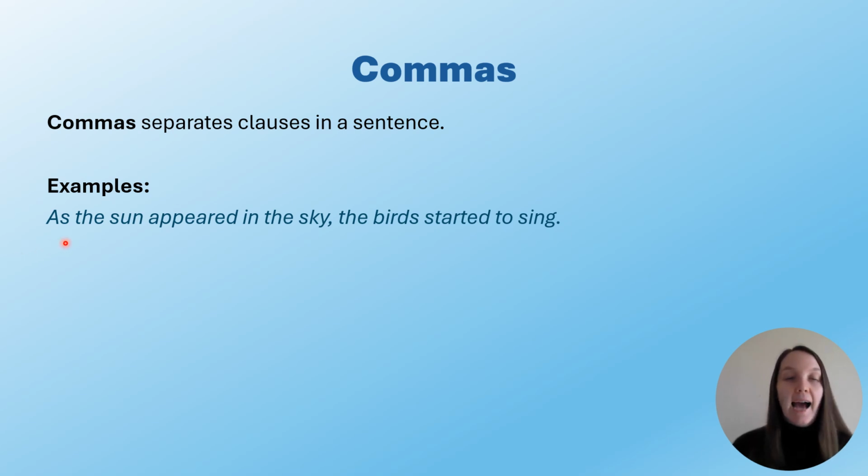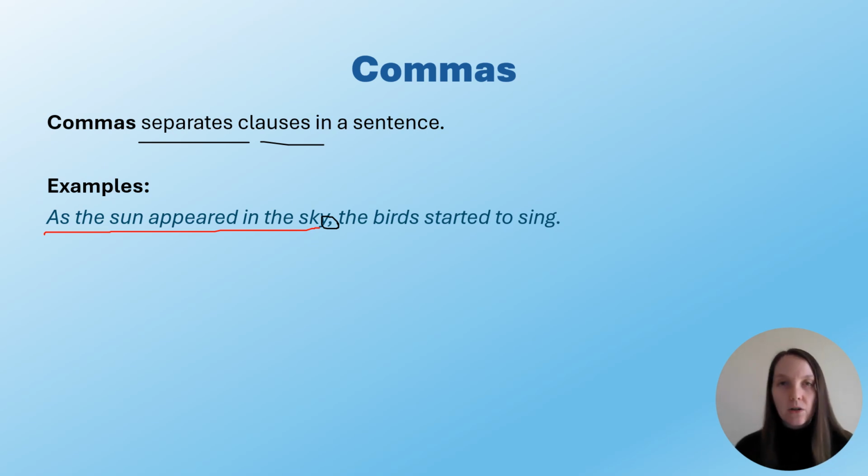So we've got here, as the sun appeared in the sky, the birds started to sing. So there's a comma here. Let me just circle it. Okay, and we know that commas are used to separate clauses in a sentence. So just to show you the different clauses here, we've got, as the sun appeared in the sky, that's one type of clause, and that clause specifically is a dependent clause.